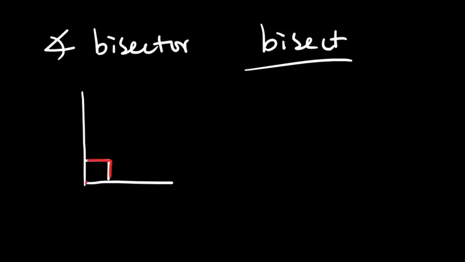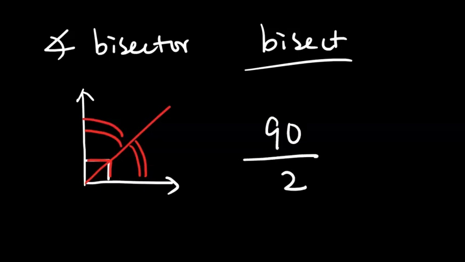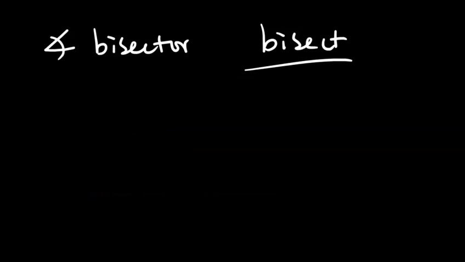And if I have an angle bisector, which means cut in half, cut in half means this angle and this angle are going to have exactly the same angle measure. So what is 90 divided by half? Which means each one is 45 degrees. That's angle bisector.